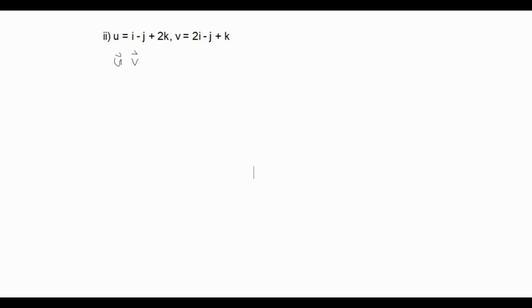We take the dot product of u and v, and what this gives us is 1 times 2, added with -1 times -1, and added with 2 times 1, so we get an answer of 5.